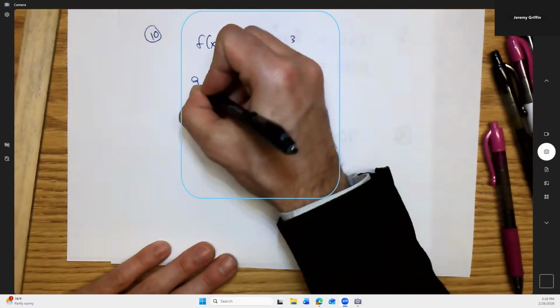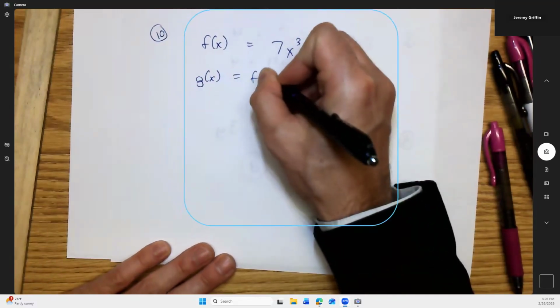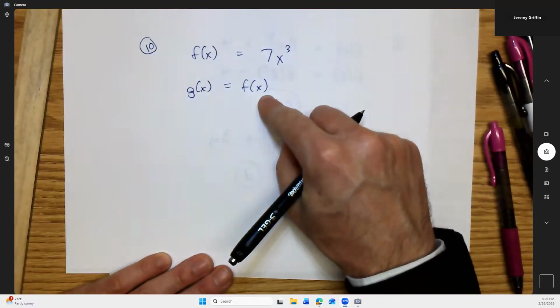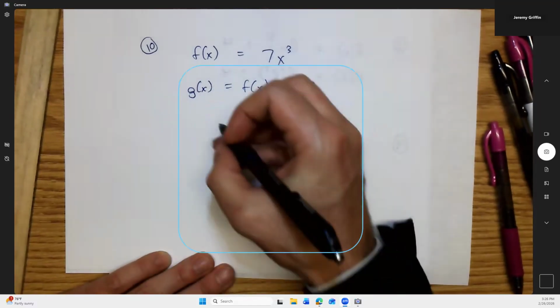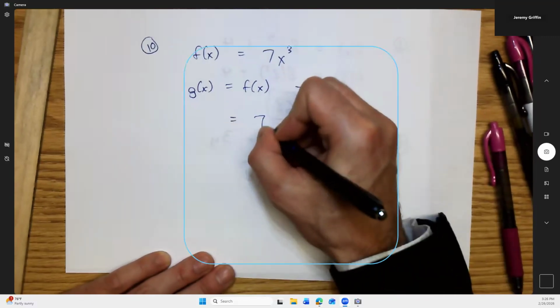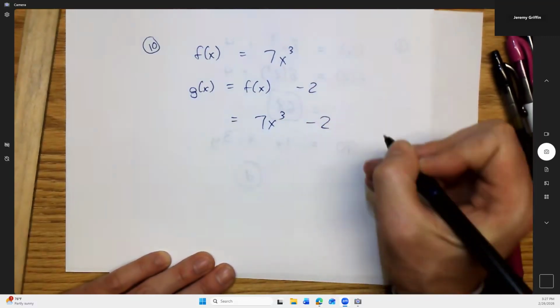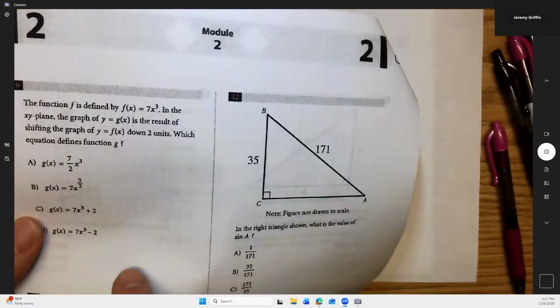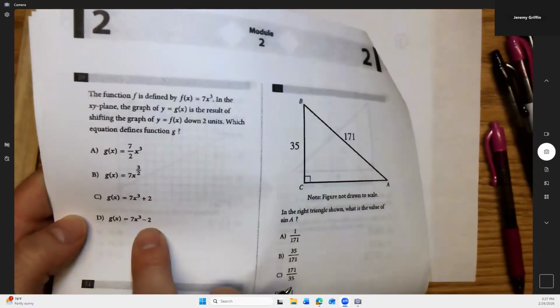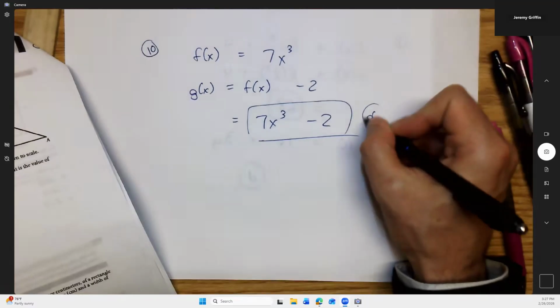How do you do down 2? You just tag on a -2 at the end. So it should be 7x cubed and then -2, shouldn't it? Yep. Is that D? Yep, 10 is D.